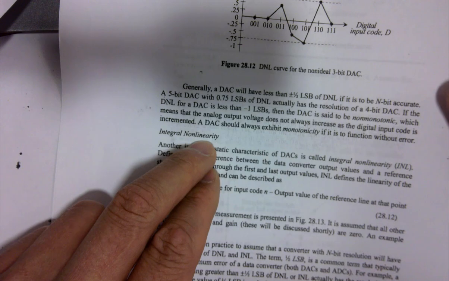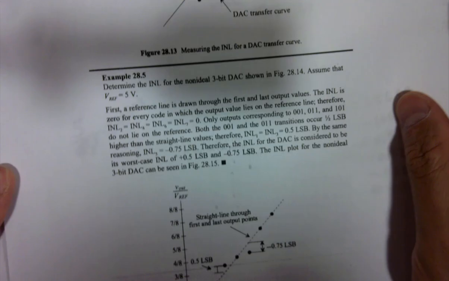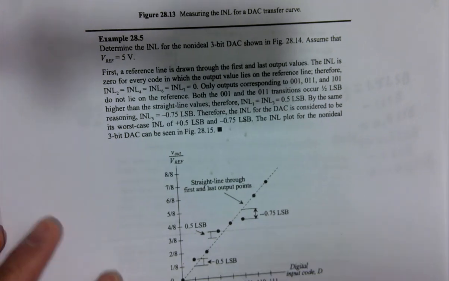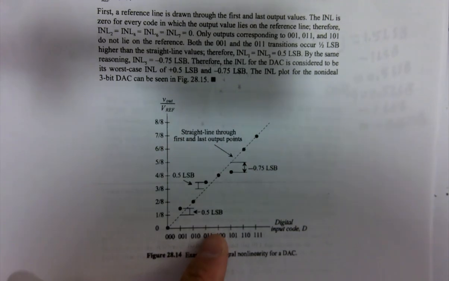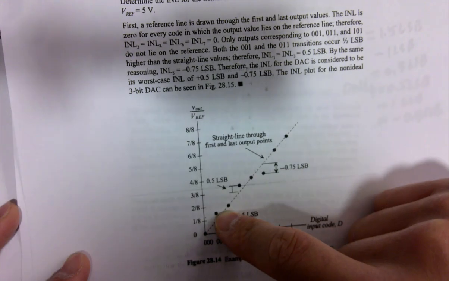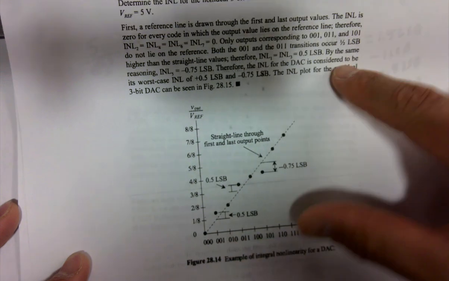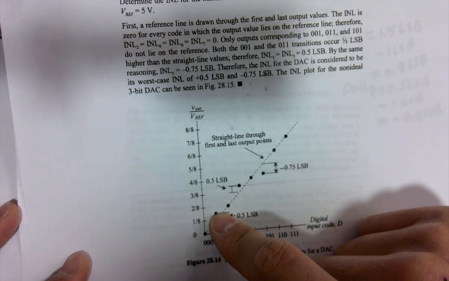It compares your converted results to the ideal results on the line instead of the step size. So look at this curve over here. You take the point, and then subtract the ideal value on the line, to get INL.